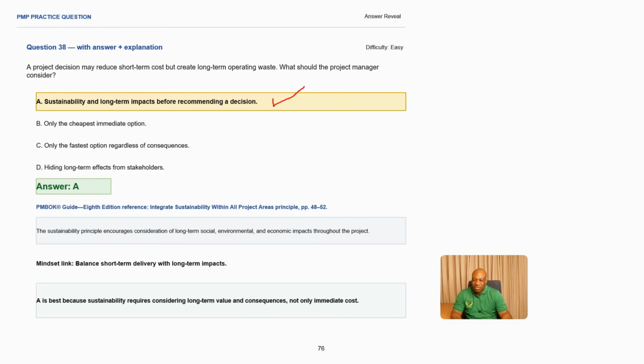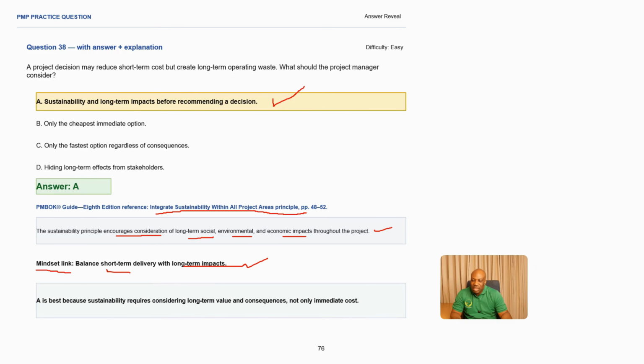And what is our reference here? Is integration, all right? Integrate sustainability within all project areas. What does it say? So the sustainability principle encourages, okay, consideration of long-term social, environmental, and also economic impacts throughout the project. This is very important. So the mindset that is applicable here is you need to balance short-term delivery with long-term impact.